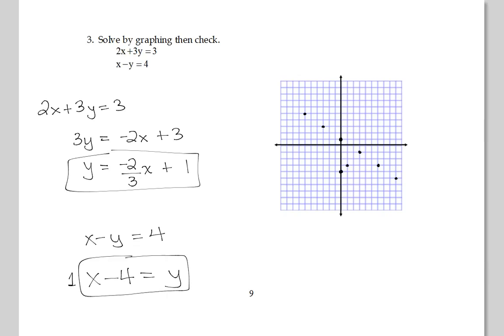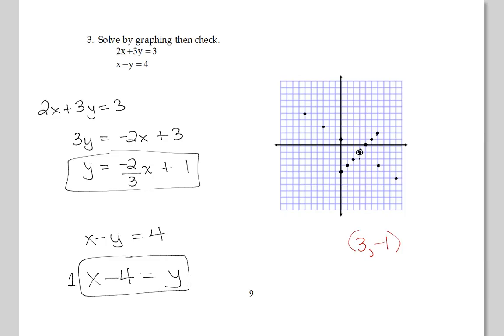So you go over 1, up 1, over 1, up 1, over 1, up 1. Oh, there's the spot. Over 1, up 1, and so on. So there's the spot right there. That spot is 3, comma, -1.